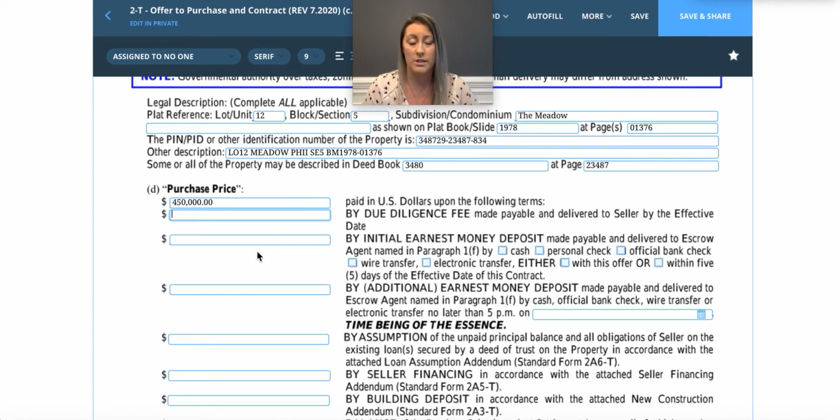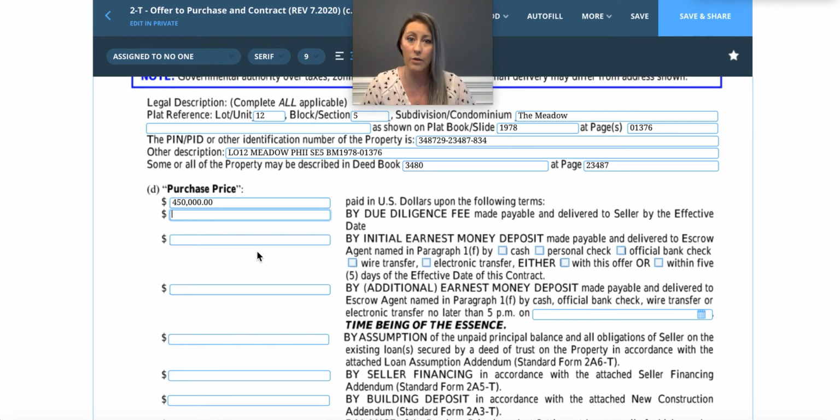And it stresses me out to do that because if your clients have to walk away for any reason, they lose that money. So your clients have to be extremely sure that they are going to buy this house. Normally, in a normal market, for a $450,000 house, you would probably offer $550 to $700 for due diligence.